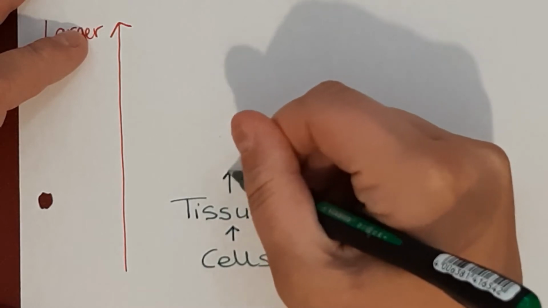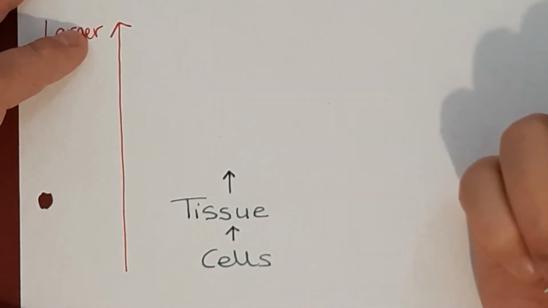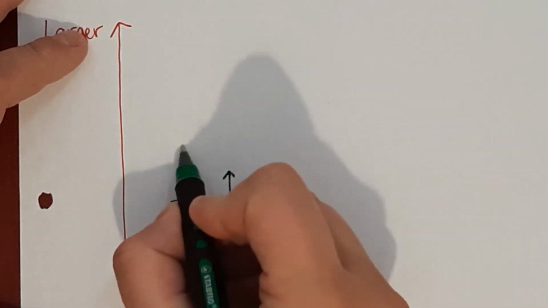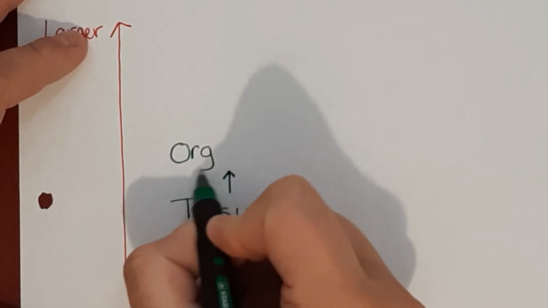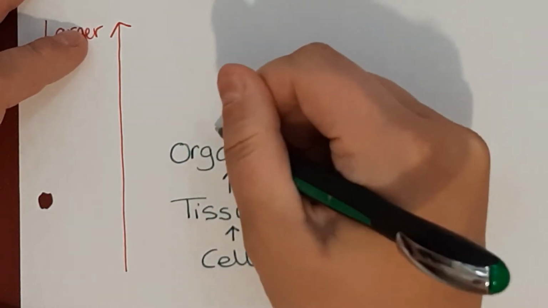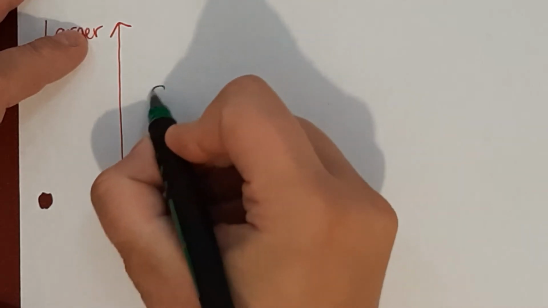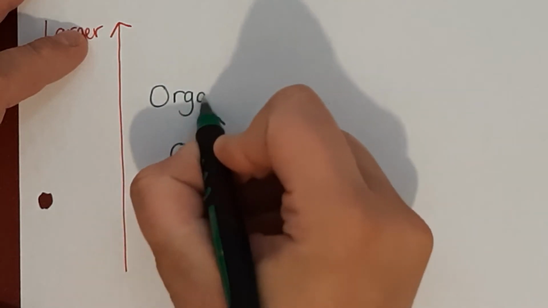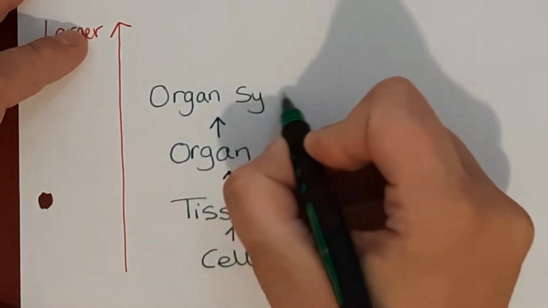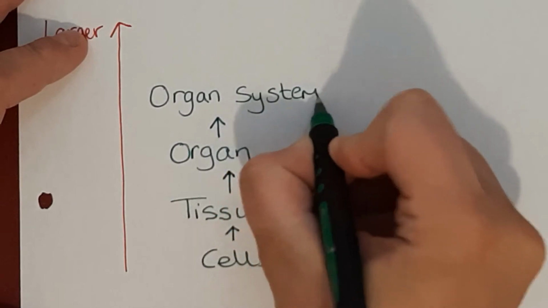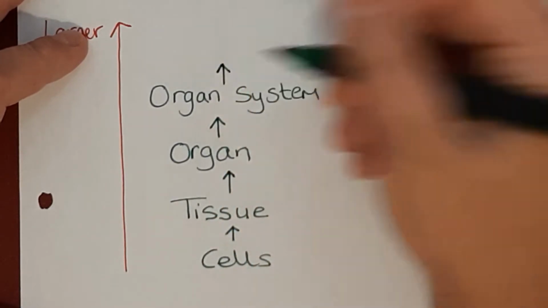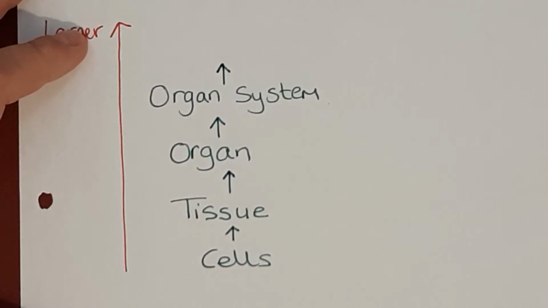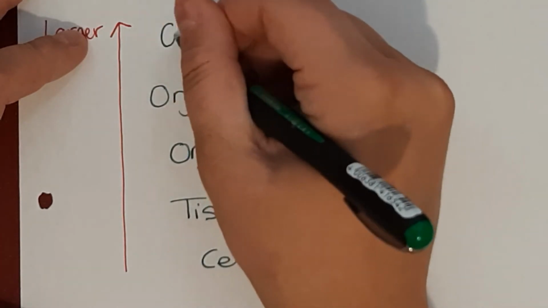Above tissue, what's made of tissue? Well, that would be an organ. What's made up of organs? Well, an organ system. And finally, what is made up of organ systems? That would be an organism. That's the whole living thing.